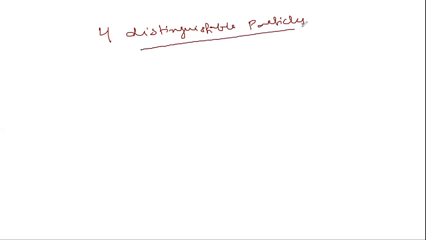Distinguishable particles mean I can make a distinction between them, I can label them. So I have four distinguishable particles. Now I name one or label one as particle 1, second as particle 2, third as particle 3, and fourth as particle 4. Now I specify my macrostate this way.